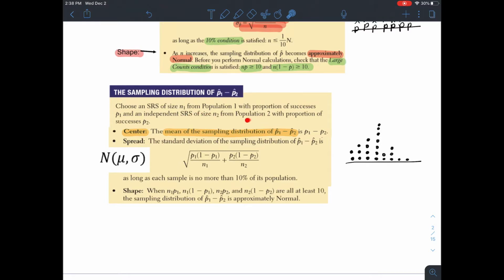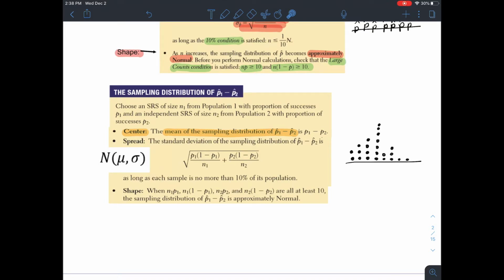We're going to reach into a second population, take a simple random sample, call that p-hat 2, and then subtract to find the difference in those two sample proportions. Whatever that difference is, that's what would be represented as a dot in this dot plot.